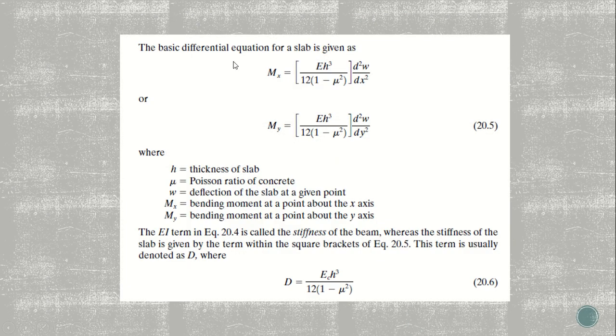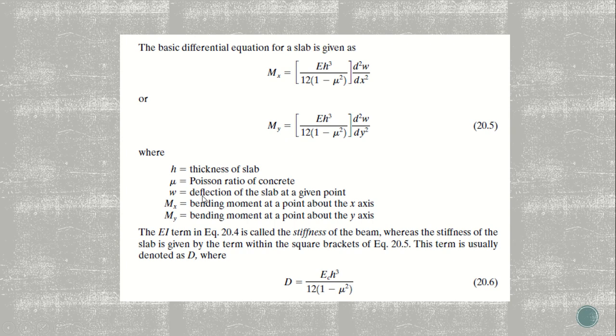The basic differential equation for a slab is given as M sub x equals this equation, or M sub y is equal to this equation. h is the thickness of the slab, mu is the Poisson's ratio of concrete, w is the deflection of the slab at a given point, M sub x is the bending moment at a point about the x-axis, and M sub y is the bending moment at a point about the y-axis.